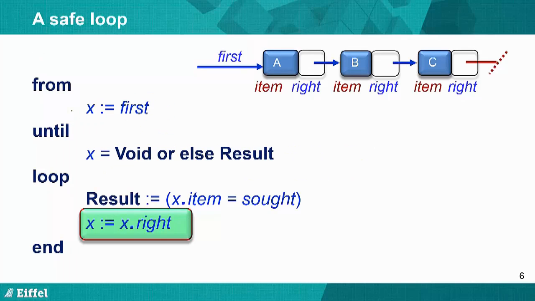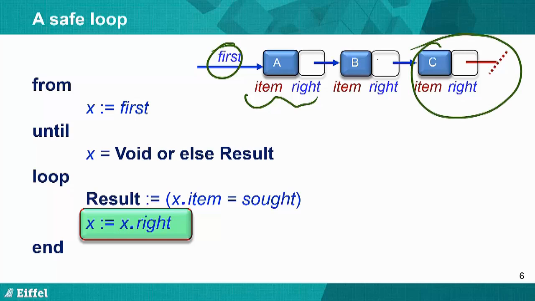The reason this CAP is so important is that it enables us to have the usual scheme of iterating over a data structure, in particular linked data structures such as a linked list. So here, for example, we have a linked list where the first element is accessible through first, and then every element has a value item and a reference to the next element called right. The last one is marked as the last one because its right field is void.